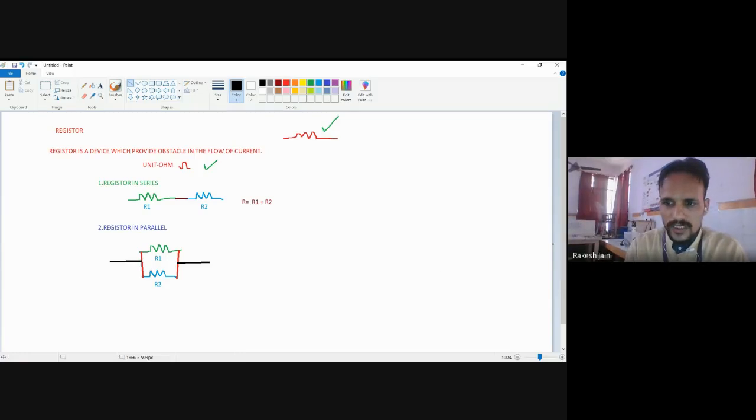During a parallel connection, how can we find out the total value of resistance? There is a formula to find the total resistance of a parallel combination.